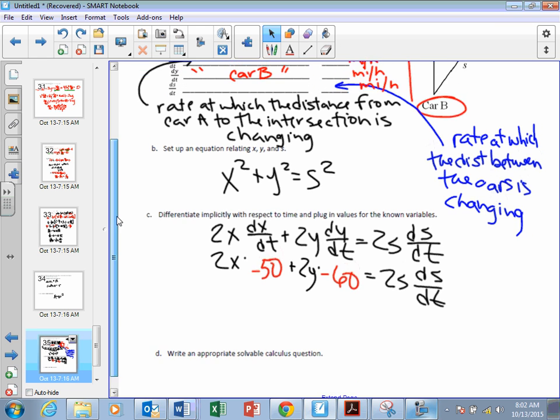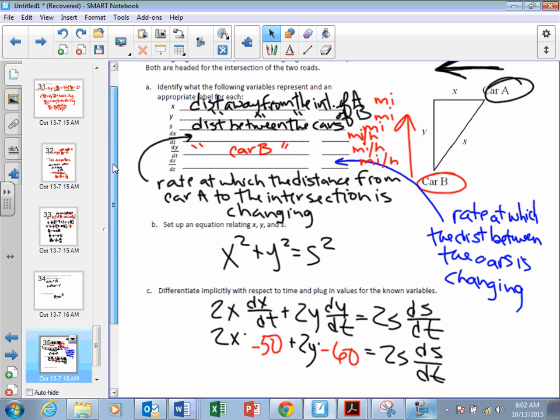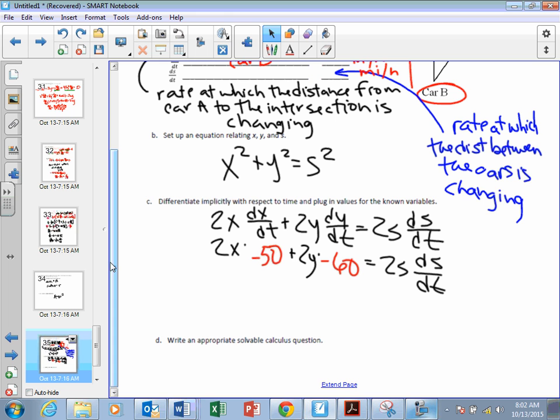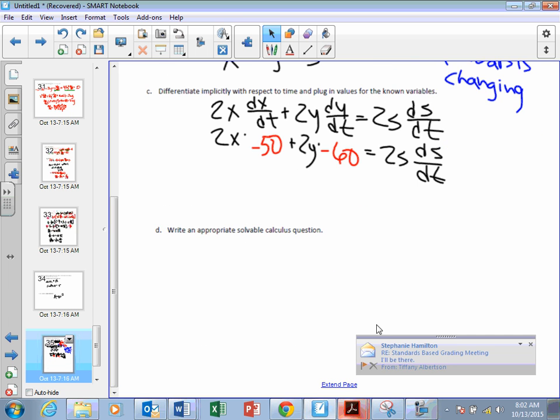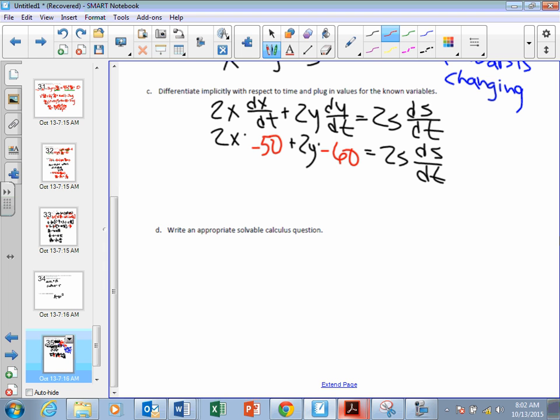So, excuse me. If we thought about an appropriate solvable calculus question, if we want this question to be solvable, we have to be solving for one variable here. So let's say we need to give some more variables. Let's say car A is 20 miles from the intersection.